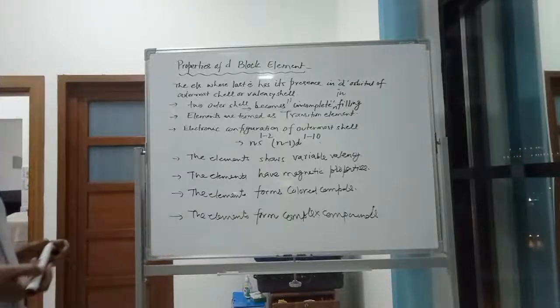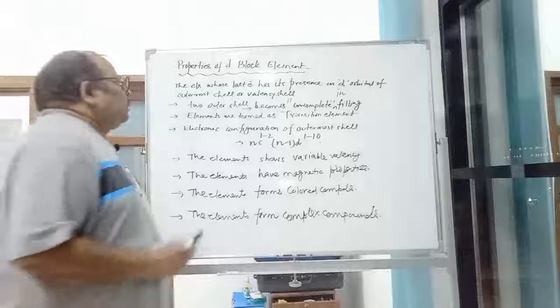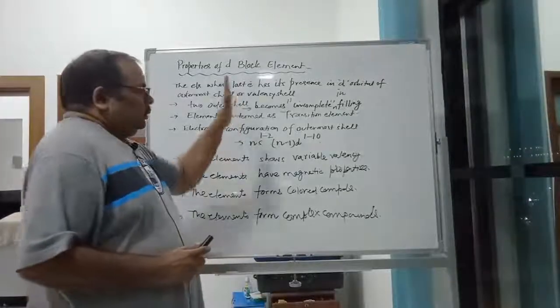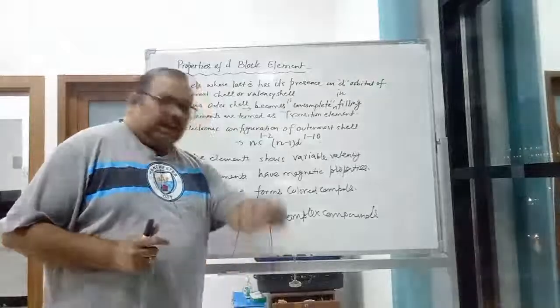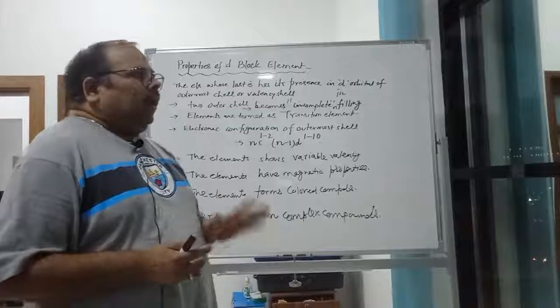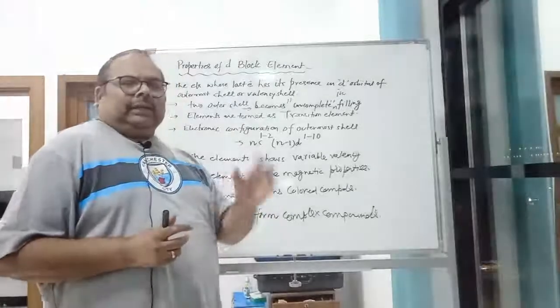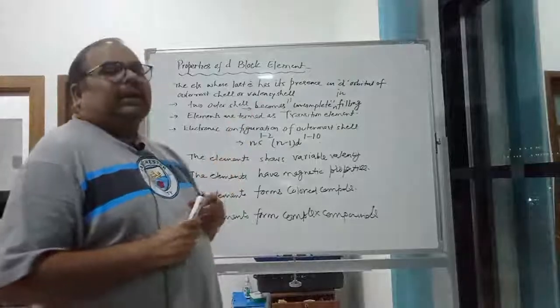So, if you see the elements of D block, these are the important points. Any element belonging to D block has these points. First of all, how will you identify that the element is available in D block?